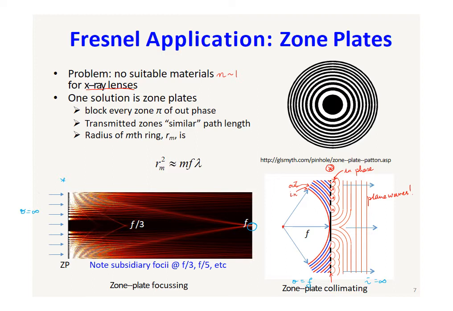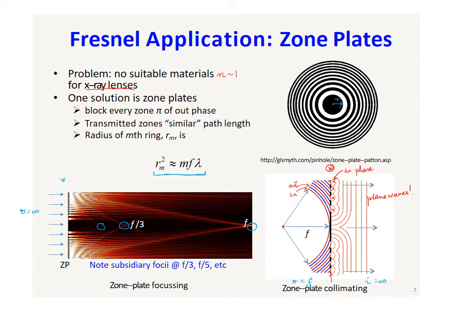It's not exactly the same as our regular lenses. You can see there are some additional weaker foci at other distances from our lens, but nevertheless it's still pretty good.